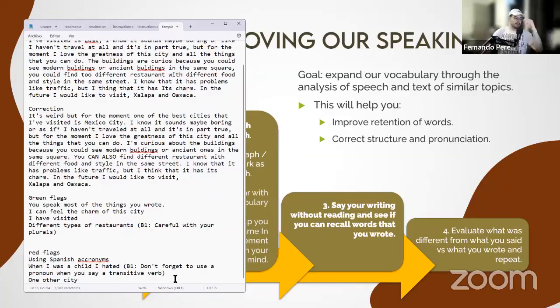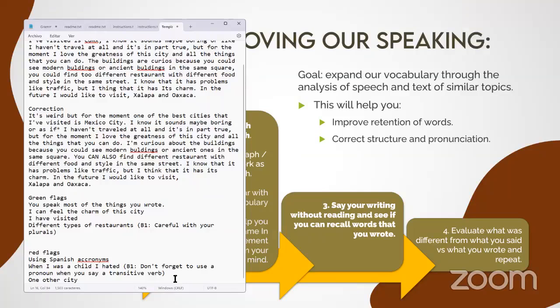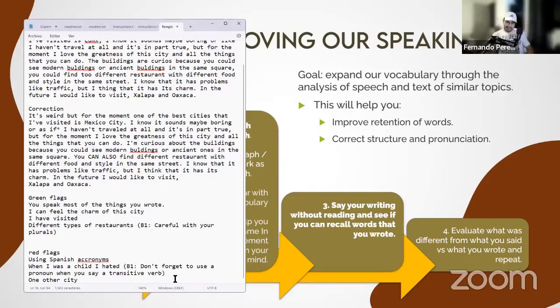If I say, hey, do you like my car? Yes, I like. I like what? Does it sound complete? No. Similar case with the verb hate: I like it, I hated it, I loved it, I wanted it, etc.